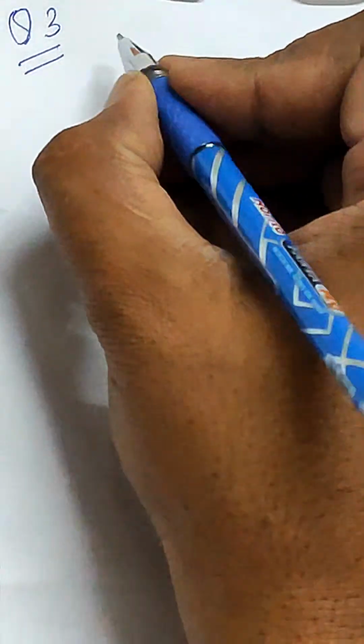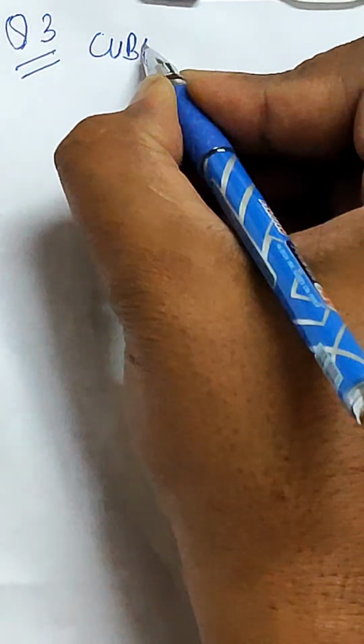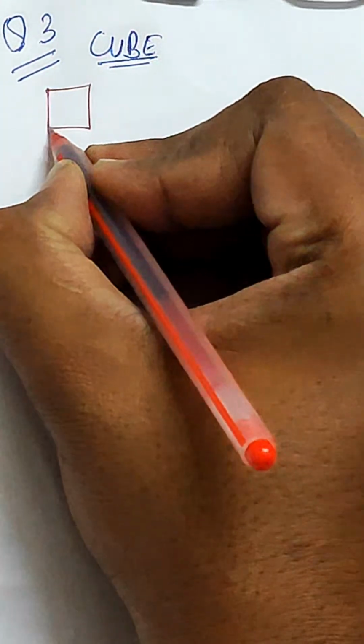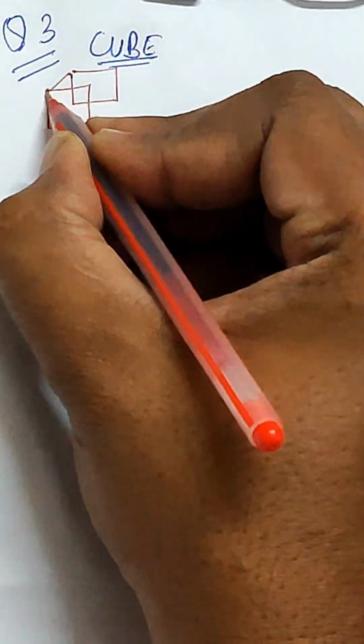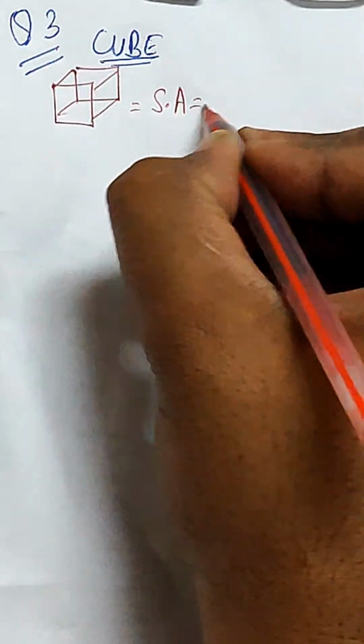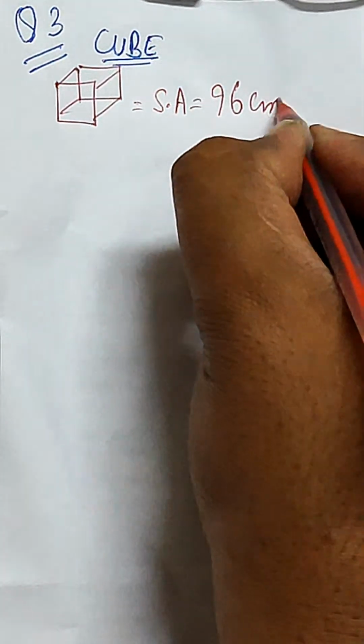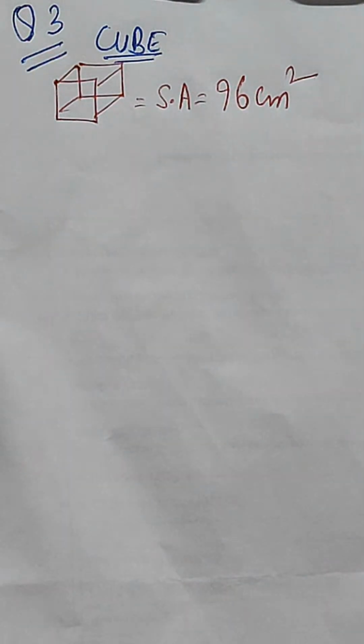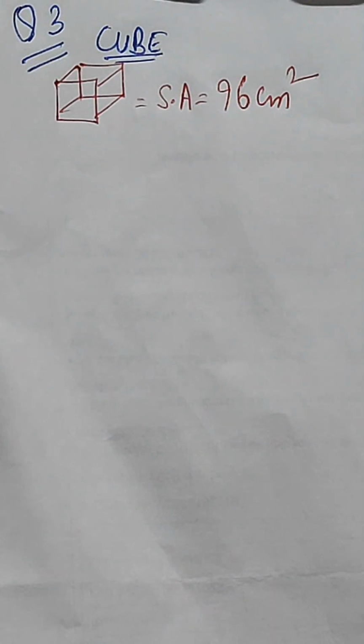That means a cube is given to you, and here the surface area is 96 centimeter square, right? Now we need to find the volume, right? This is the question.